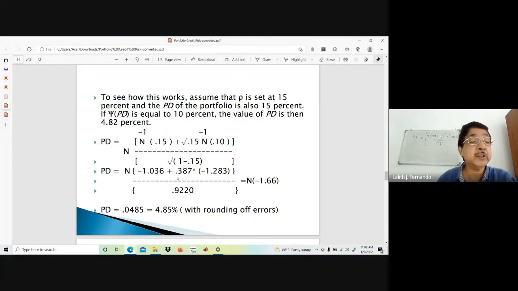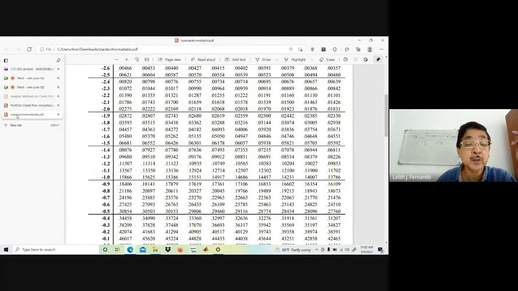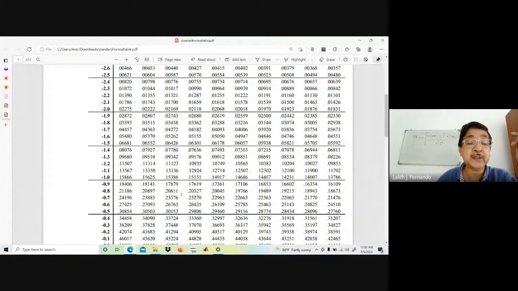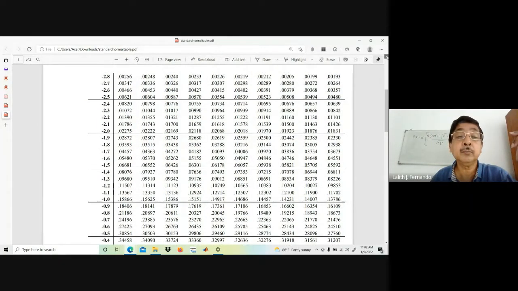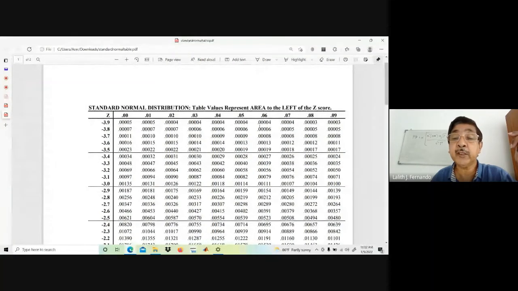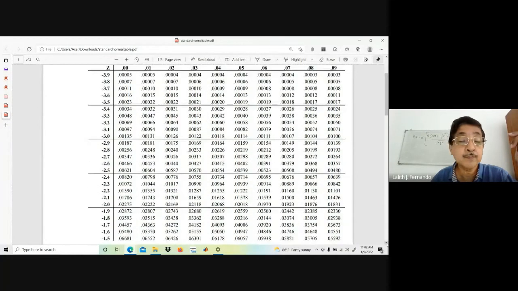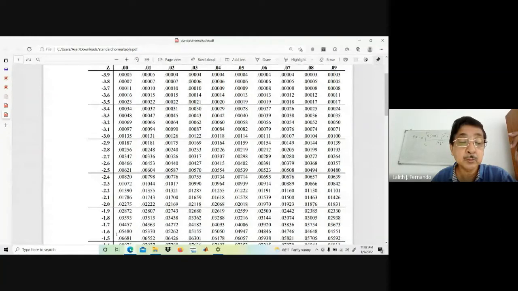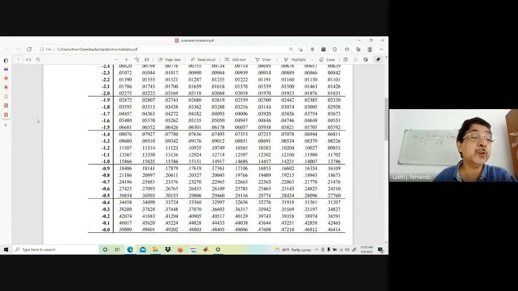So you have to go to the tables again and look for minus 1.66. 1.6 is here, and 6 would be somewhere here. Yes, 0.0485.